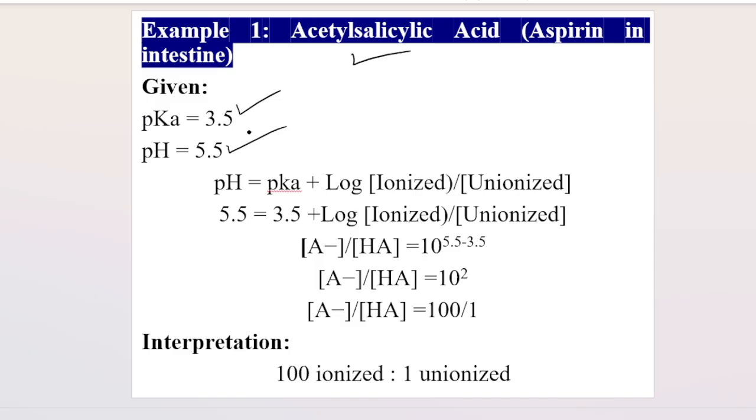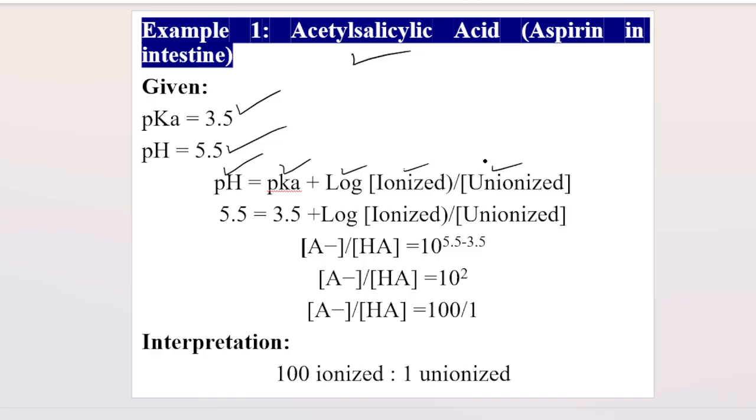So if the pKa value is 3.5 and the pH is 5.5, what will be the ratio of ionized and unionized species at that pH? The formula is pH is equal to pKa plus log of ionized over unionized form.